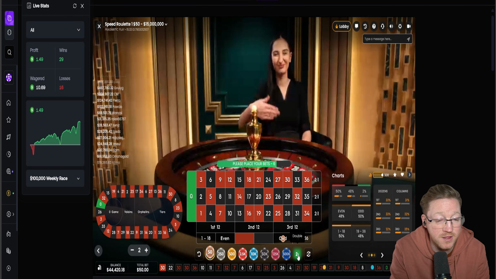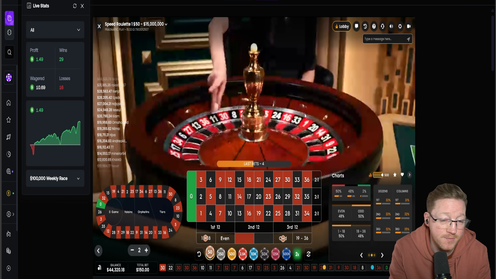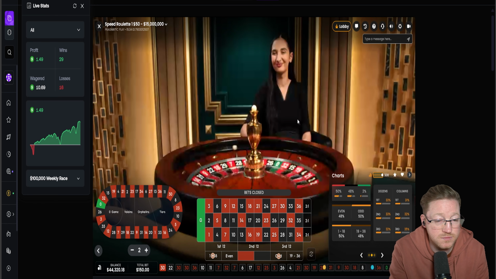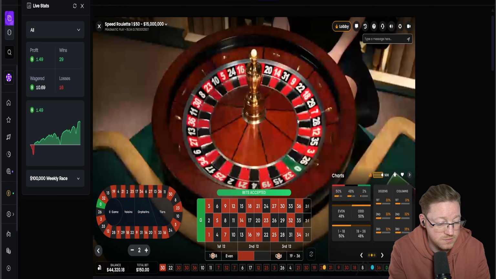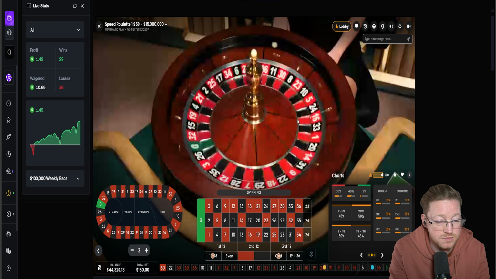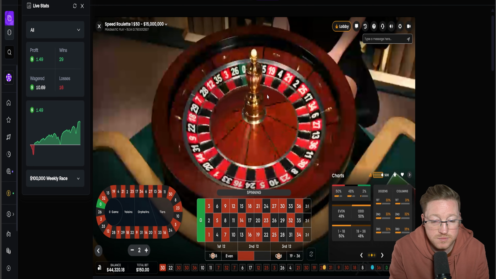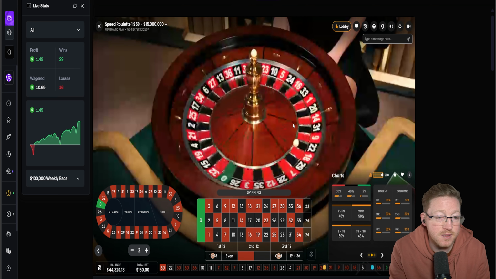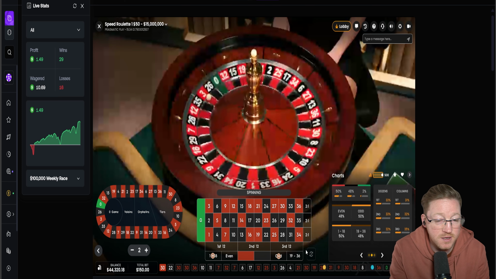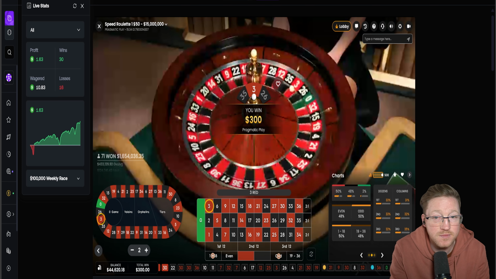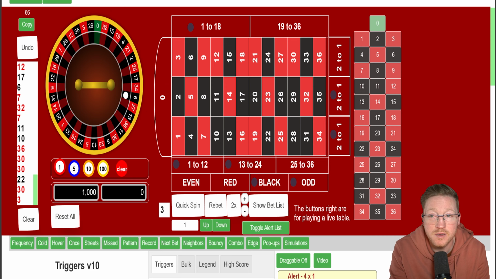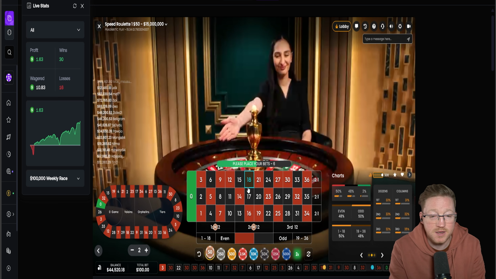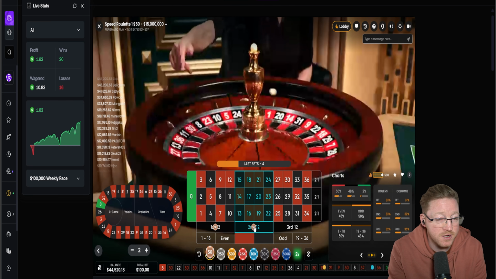So we've got rebet double and then 1 to 18. Yeah, what are we getting? It's a 3. It's a double win. And 3 is the magic number. Right, so we go back to our dozen strategy.